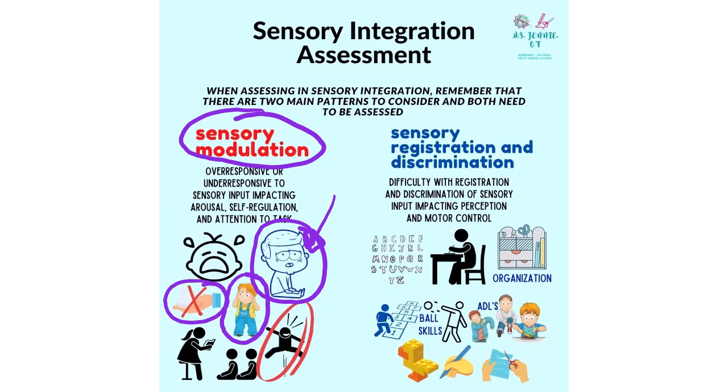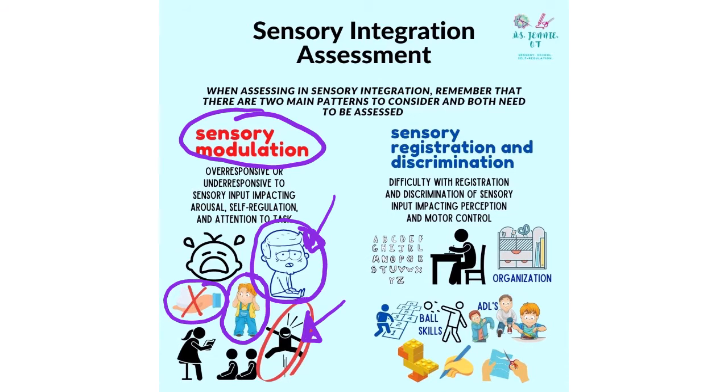And then you also have kiddos that might look like this. So those are the students that are also under responsive to sensory input, but their bodies know it and they like to seek a lot of sensory input. And that is to help themselves maintain that level of arousal that they need to learn and to attend to task.